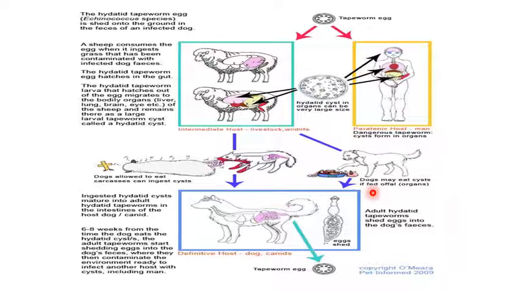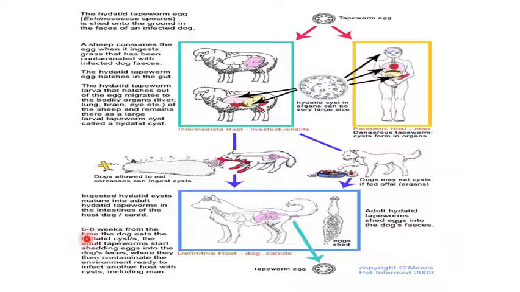Here, dogs may eat cysts if fed offal organs. Also here, dogs allowed to eat carcasses can ingest hydatid cysts, which mature into adult hydatid tapeworms in the intestines of the host dog. Adult hydatid tapeworms shed eggs into the dog feces, as you see.